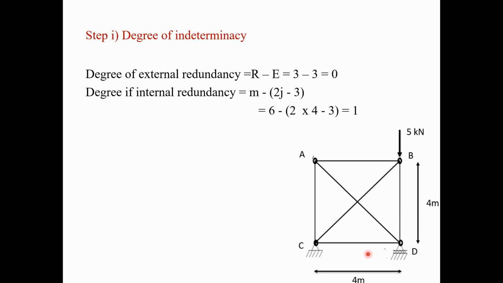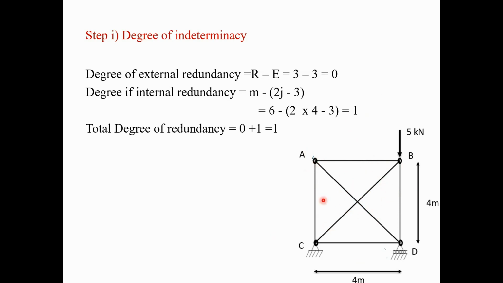So one extra member has to be removed from the truss structure to make it a stable truss. The total degree of redundancy is 1.